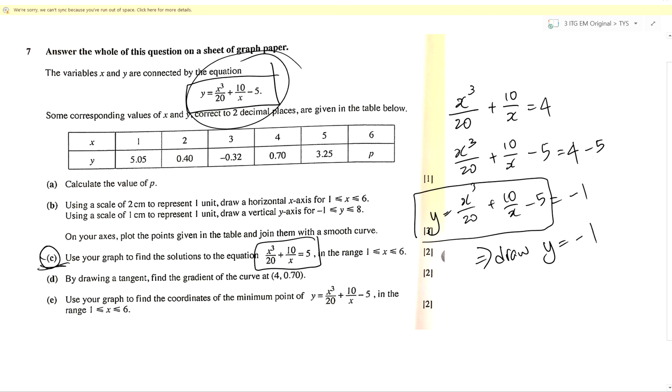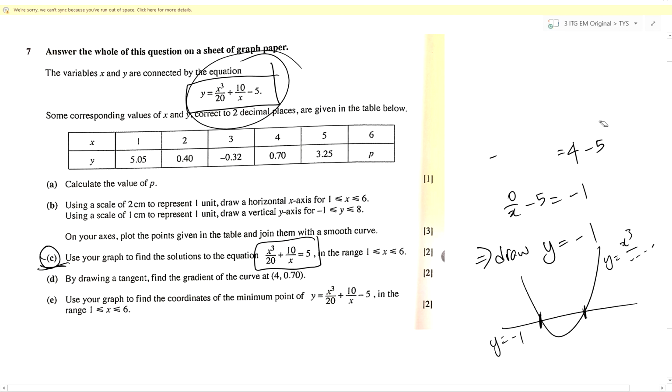Then we will need to draw the graph of y equals to negative 1. Then we need to see where the graphs intersect, at y equals to negative 1 and y equals to x cubed over 20 plus 10 over x. Then we will need these two x coordinates. Must get the concept right. The approach must be correct.